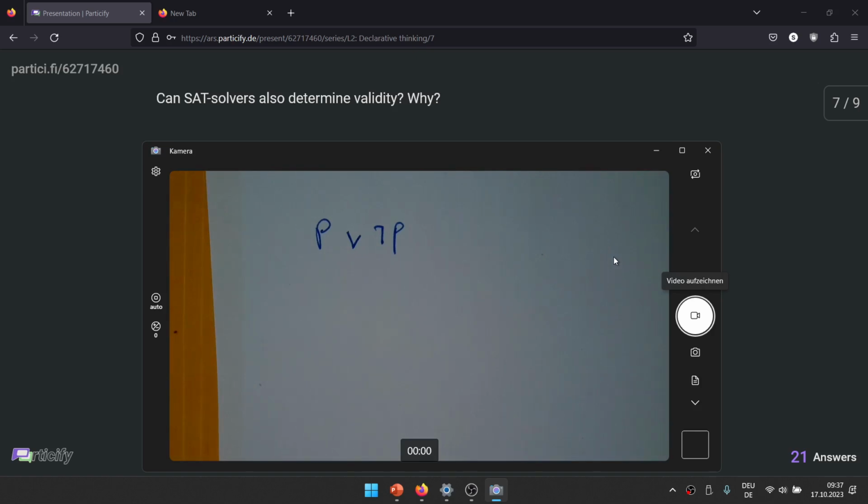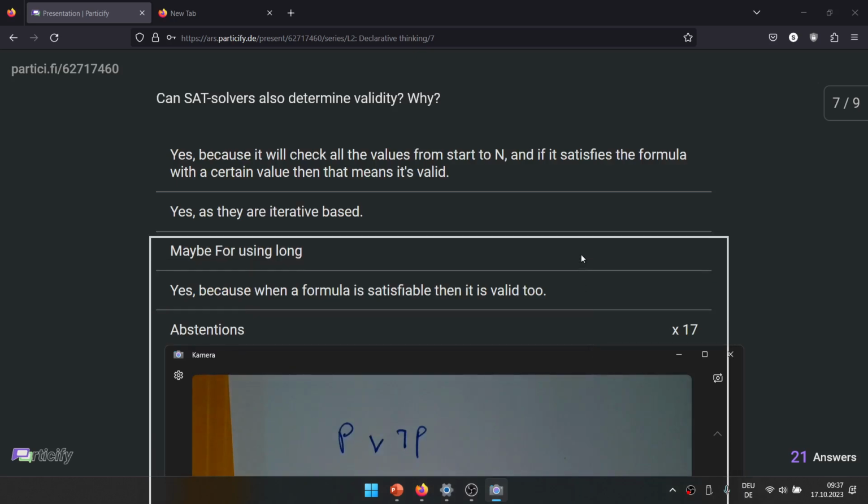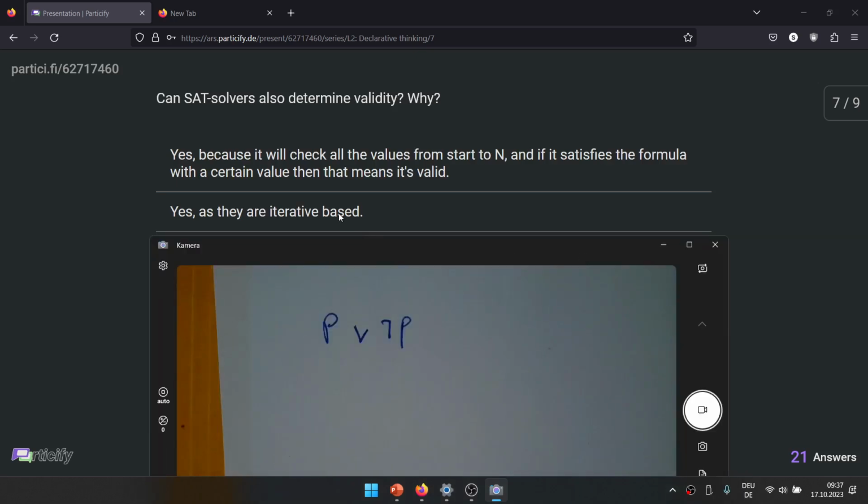Now let's go back to the question. We kind of did some iteration here, right? We checked, let's try it for one value, let's try it for the next value, if it still satisfies the formula. But iteration is really expensive. How many possible combinations would we have to iterate?